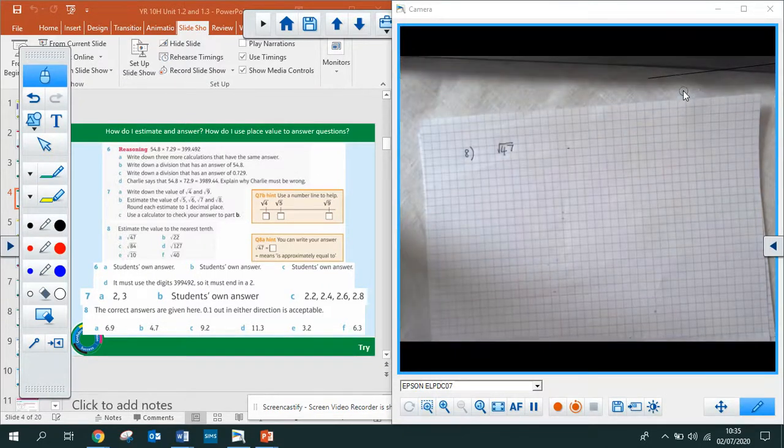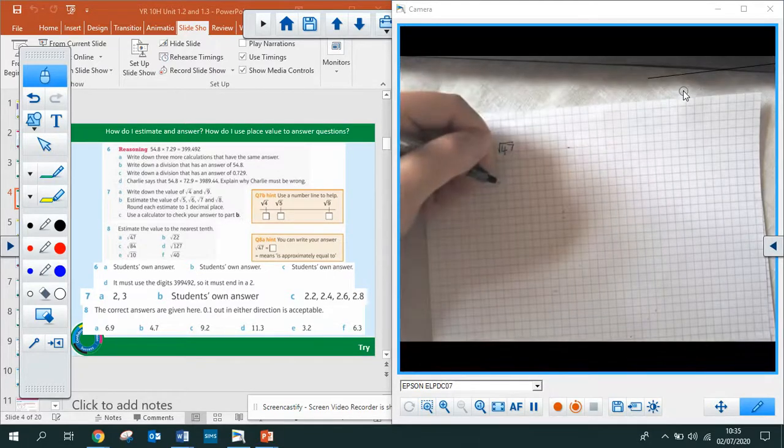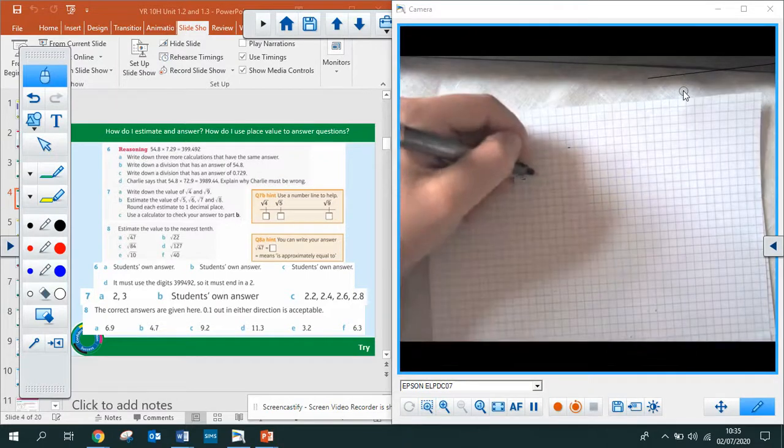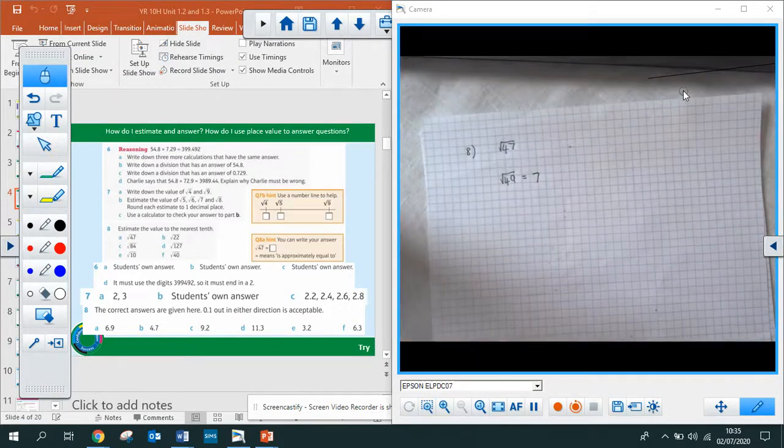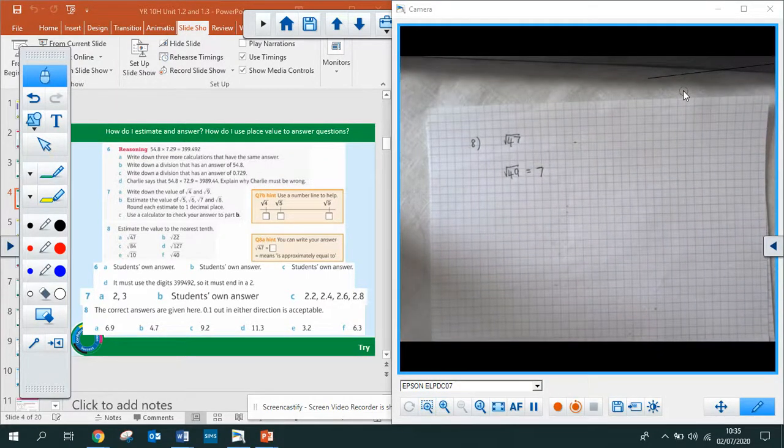You needed to think about which one you knew. What is the closest? The closest one is going to be root 49. The square root of 49 is 7, so you're going to use that. You know it's going to be less than 7. You know it's going to be 6 point something.